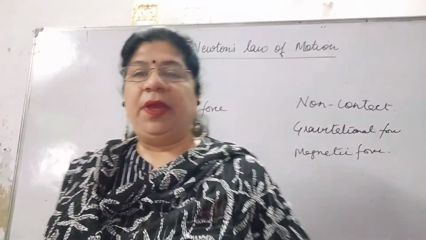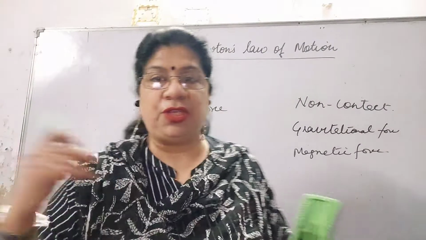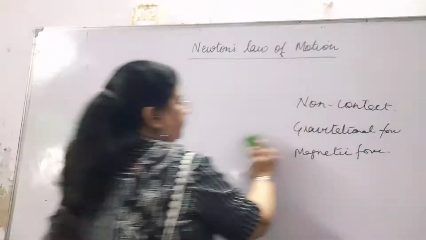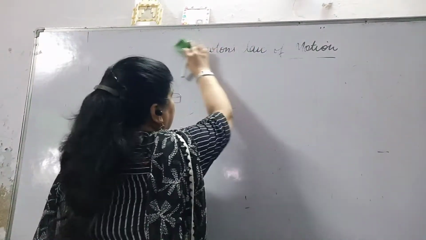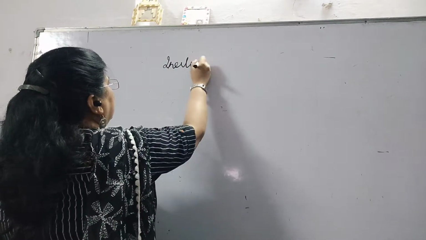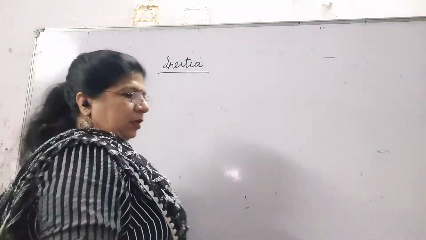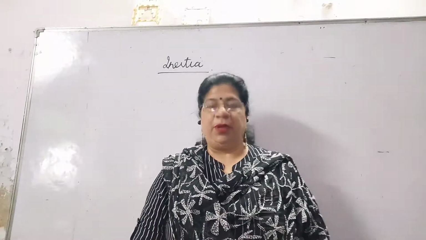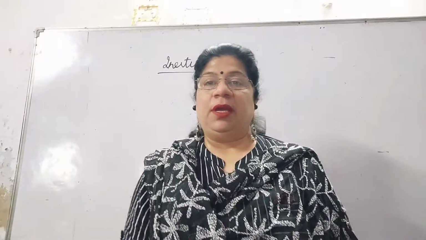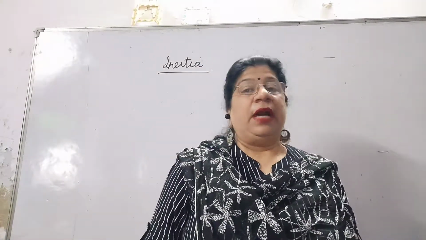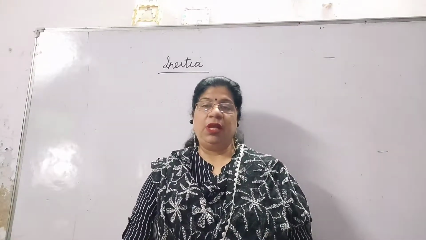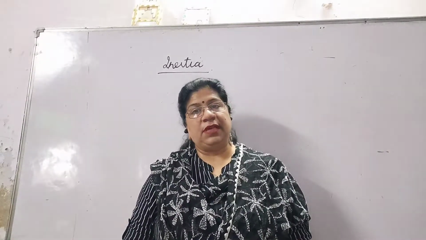Now, a very important topic in the chapter of forces, inertia. Let us see what inertia means and what inertia is. Inertia is an inherent property of a body by which a body at rest continues to be at rest, or a body in motion continues to be in motion until and unless some external force is applied.